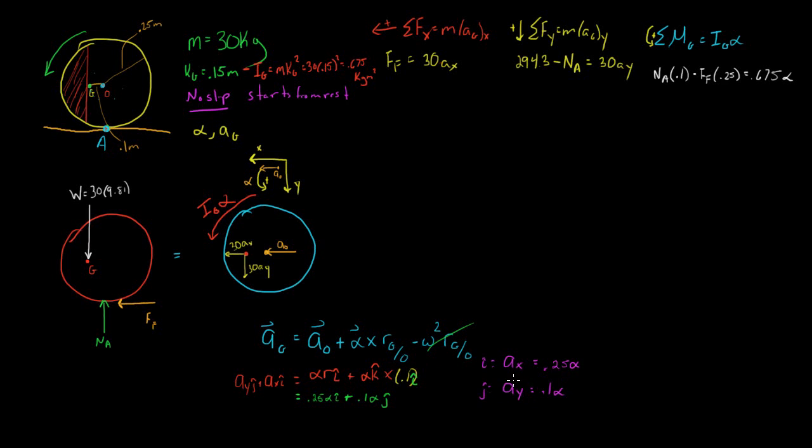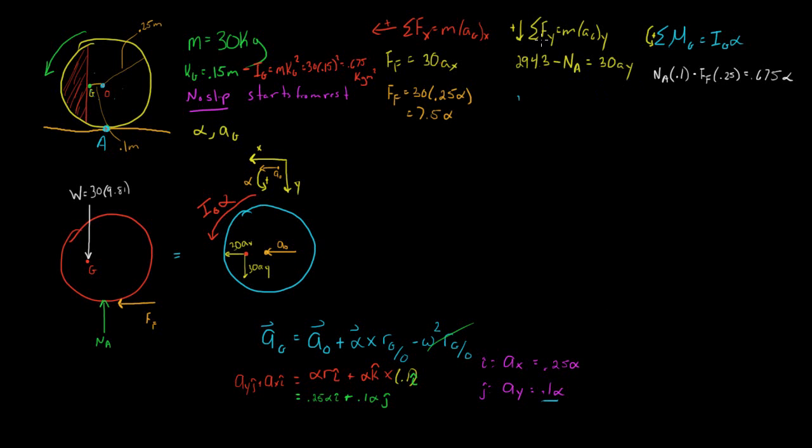So we know this acceleration of x is equal to 0.25 alpha, and my acceleration of y is equal to 0.1 alpha. So I can put this back into this equation right here, and I get my frictional force F is equal to 30 times 0.25 alpha. So this is equal to 7.5 alpha. And right here I can put my new expression for my acceleration of y into this.